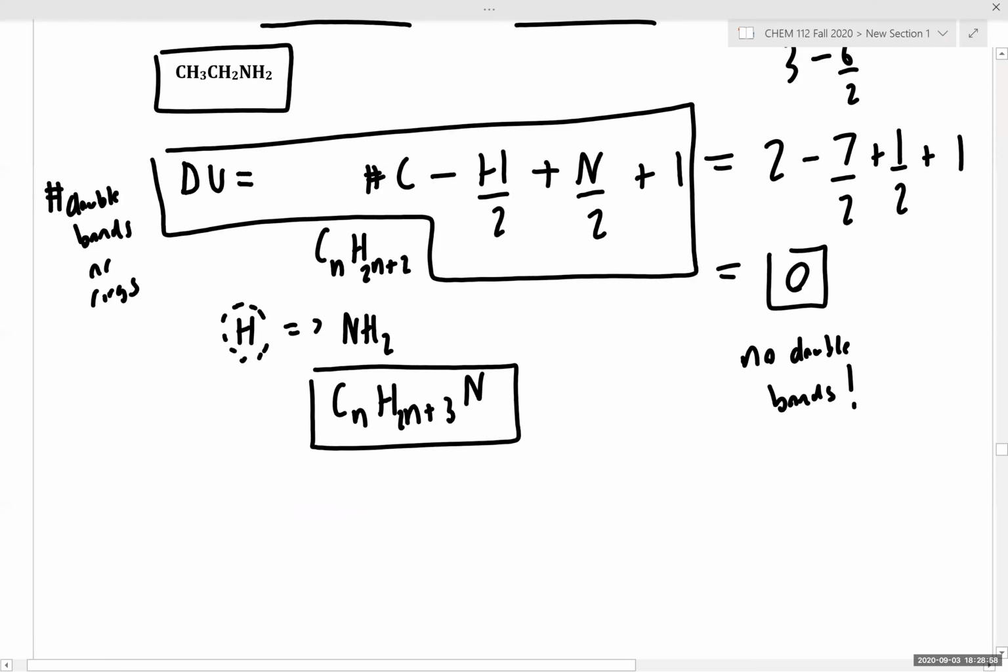So the first structure we're going to draw is just straight from our condensed structure. We're just going to draw out our first Lewis structure straight from our condensed structure.